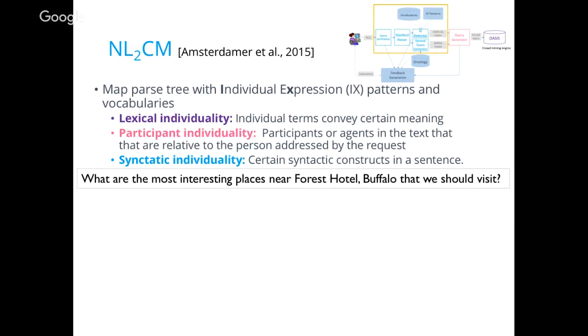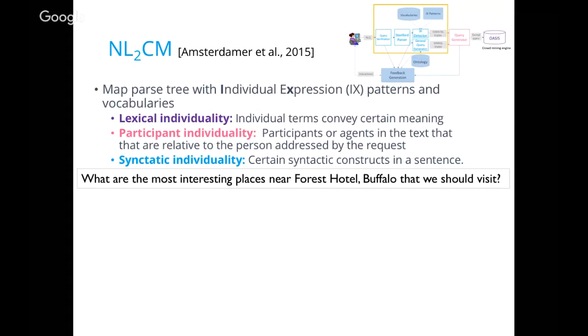So the first thing is the IX, which actually stands for individual expression. Individual expressions can be individual terms that convey specific meaning, from a predefined list of things, or, within the sentence, any reference to the participant or agent performing the action. It also covers some specific syntactical constructs in a sentence.